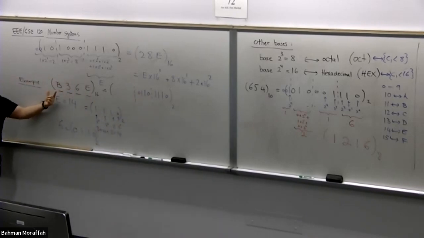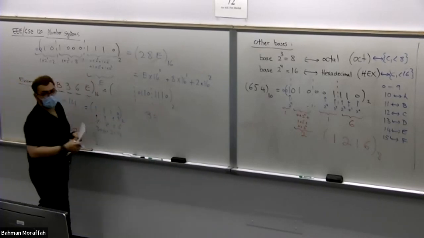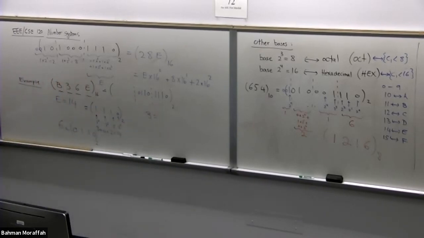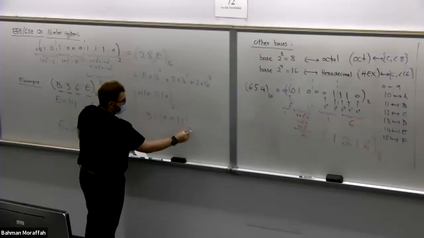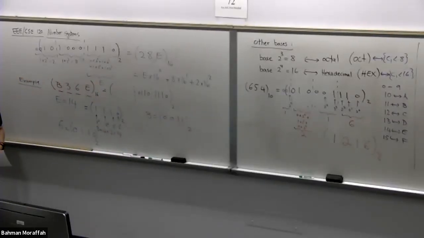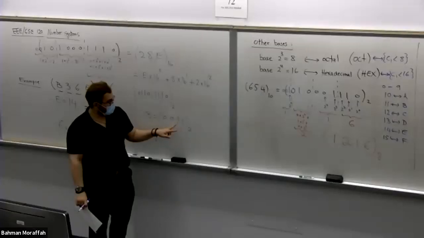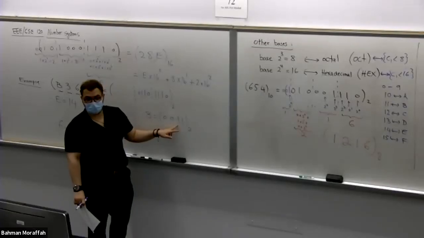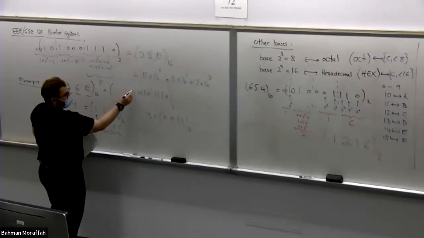How about 3? I'm thinking 3 is this. Is that correct? It is correct, because I have 1 times 2 to the 0, which is 1, and 1 times 2 to the power of 1, which is 2, so that's 3, and the rest is 0. So right over here.